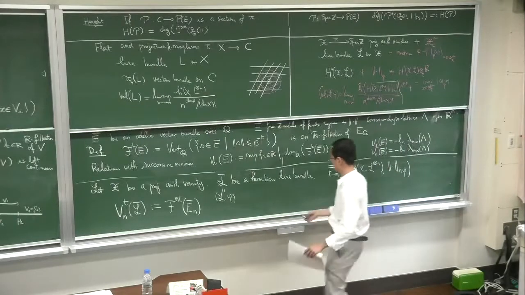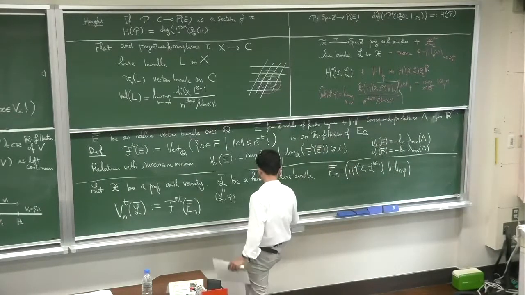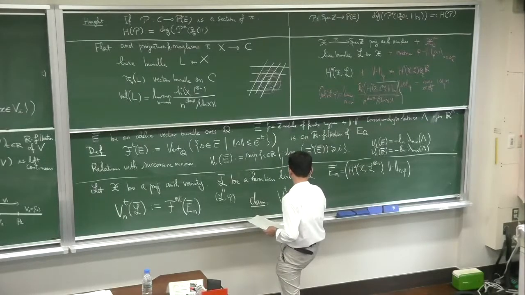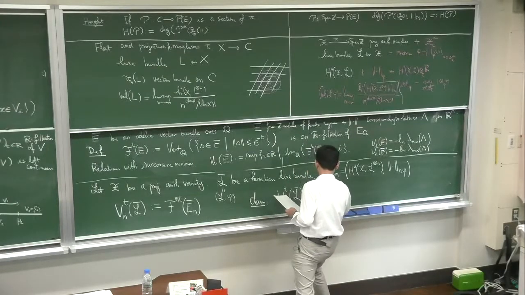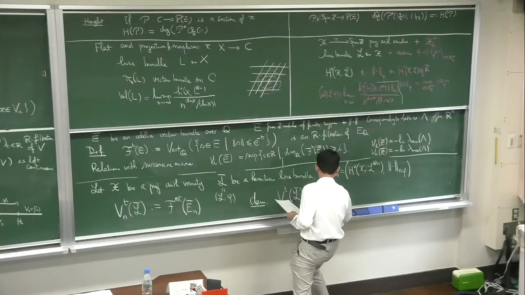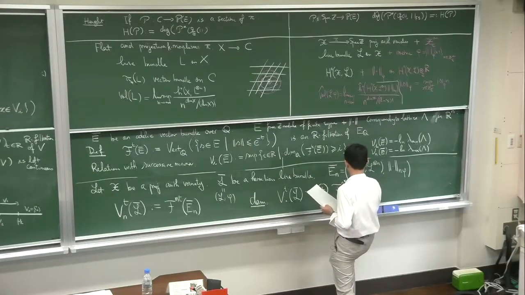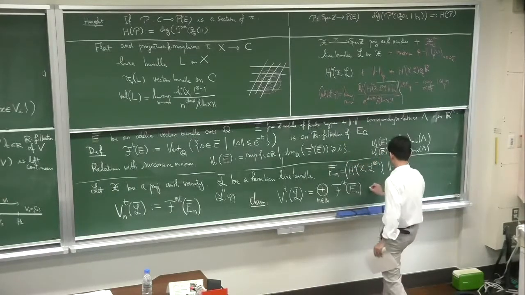Okay, so the claim is that if you take V^t points of L, which is a direct sum for n, of F^{nt} of E_n, this is a graded Q-algebra.